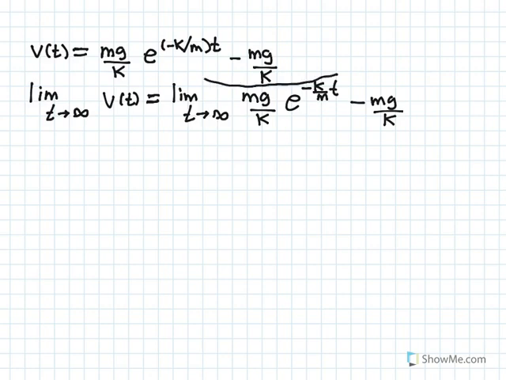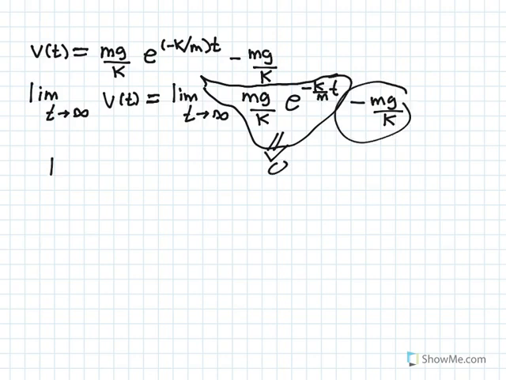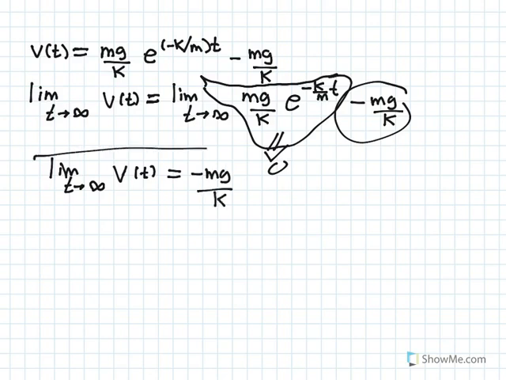So this negative exponential is going to go to 0, this part here, that's going to go to 0. So the result will be the limit as t goes to infinity of v of t is equal to minus mg over k. This is known as the terminal velocity of the object.